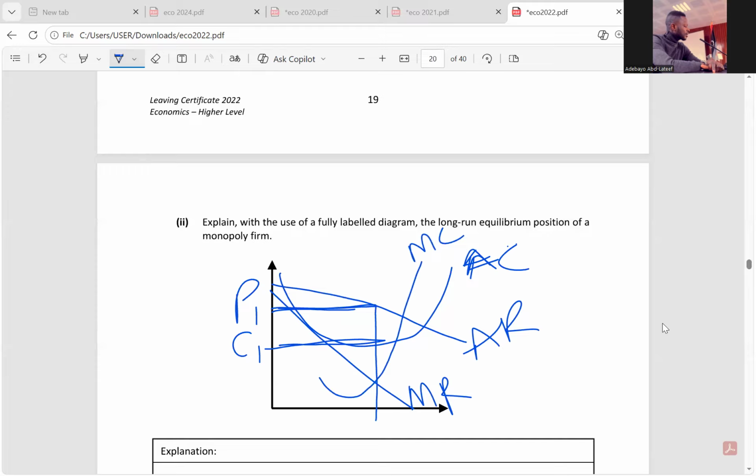That's P1, this is the supernormal profit. Q1, C1, P1.